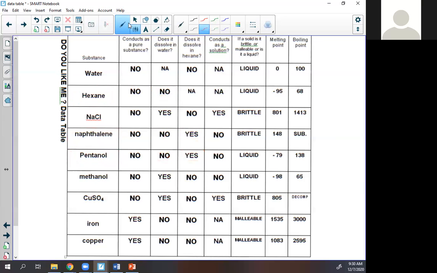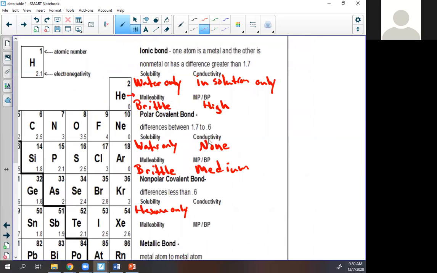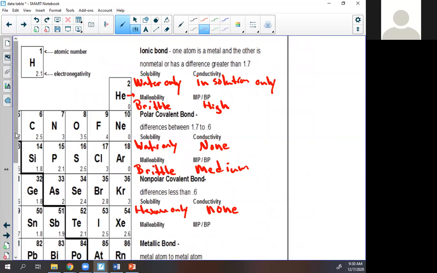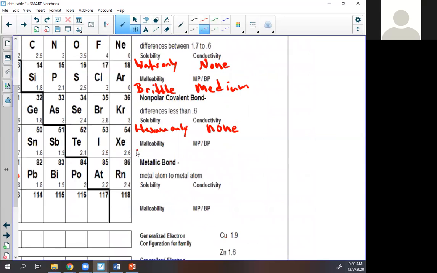Tell your partner if they ever conduct. The answer is none. Tell your partner if they're malleable or brittle. They are brittle. Most of these are gases or liquids at room temperature, but as a solid, we would say they are brittle. Melting point and boiling point, these are the very low ones.